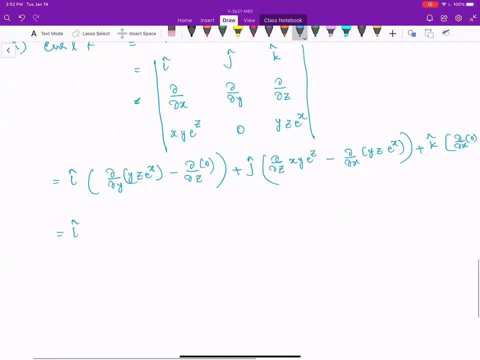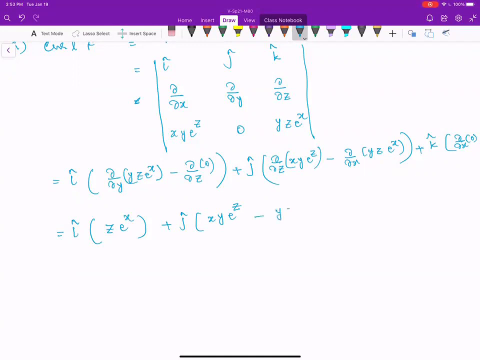Now we expand. i times, we're taking the partial derivative of yz e^x with respect to y, so it will be z e^x. Plus j, ∂/∂z of xy e^z is xy e^z. When you partially differentiate with respect to z, x and y are constants.